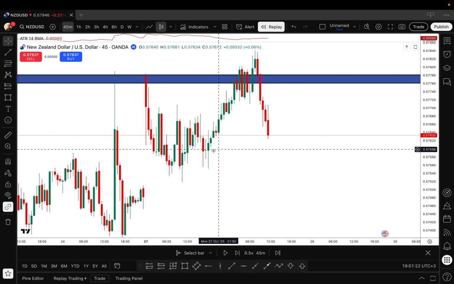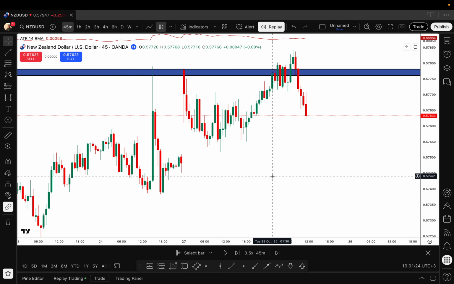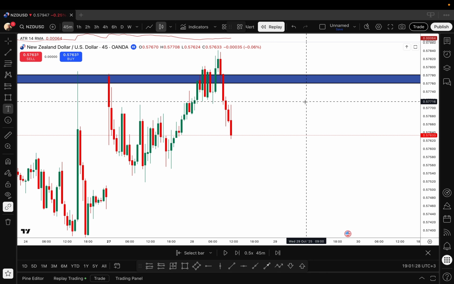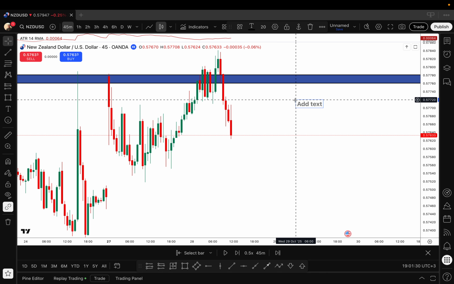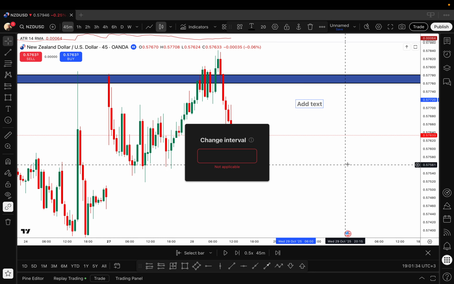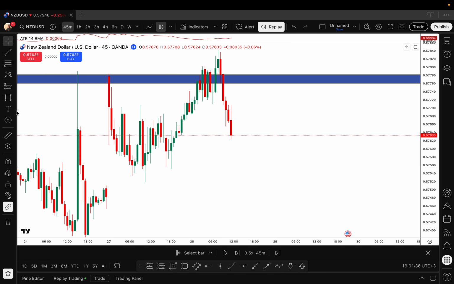This is NZDUSD and this is the 45 minutes time frame. So what do we do in this strategy? I always state my rules, and I told you, you must have a rules-based strategy. A rules-based strategy is what is going to direct you on what you're supposed to be doing.